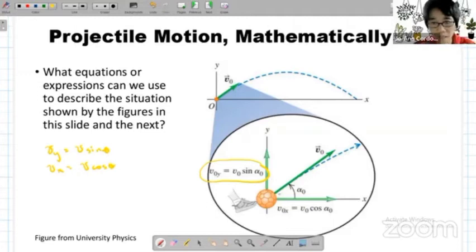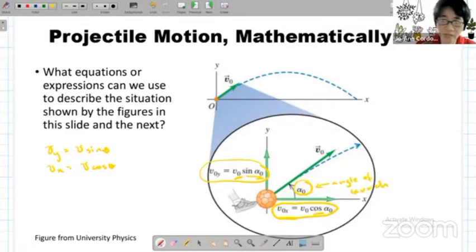So in this case, instead na theta, ang ginagamit natin ay angle na theta sub O, alpha sub O. So here you can see that the initial velocity of a ball that is asked to go through a projectile motion has an initial velocity that is the initial times the sine of the angle, and the velocity initial along the x uses the expression cosine. So ito po yung angle of launch. Ang tawag po natin sa kanya ay angle of launch.